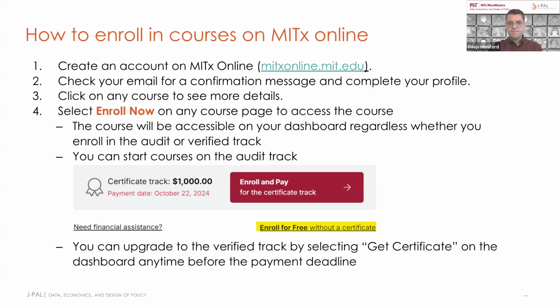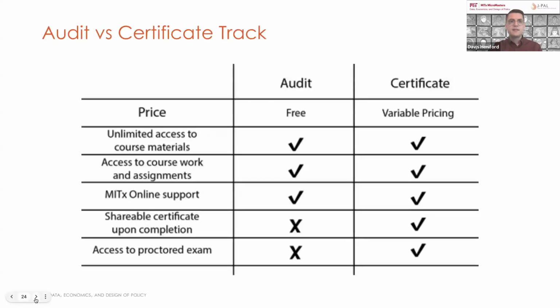And speaking of auditing and certificate tracks, here is a slide on just that. I think the most important thing to note here is that the course content is, as I said, completely available for free to those who audit. In fact, most things are available for free to those who audit.